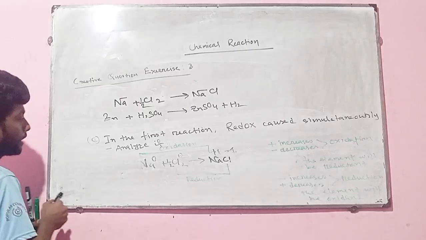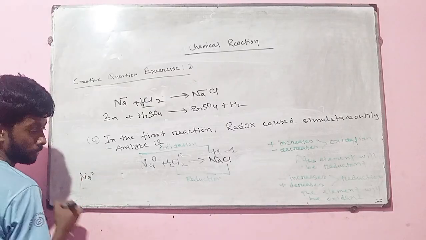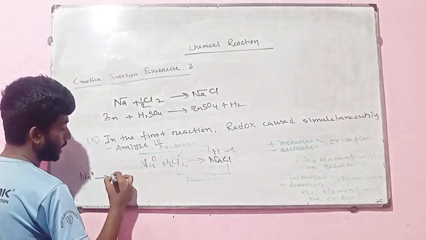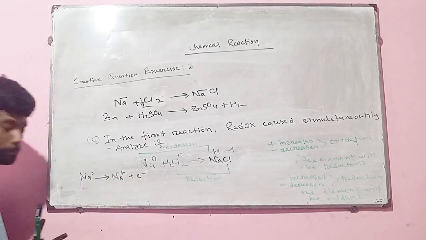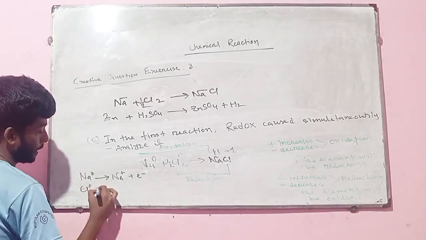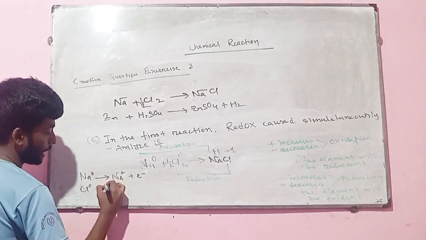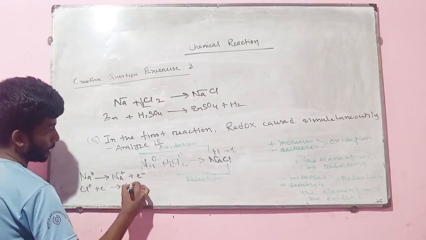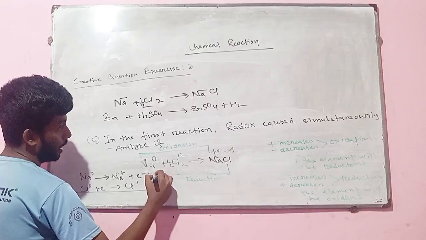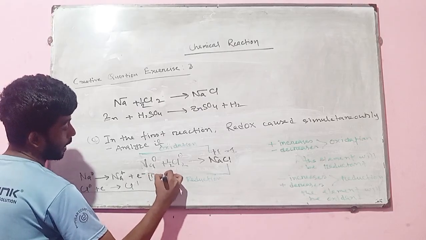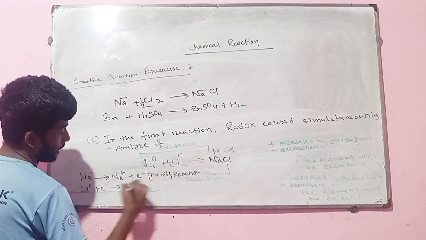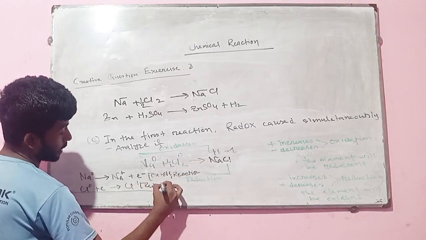Okay, let me write. Sodium has 0, but after the reaction it emits 1 electron. Chlorine has 0. Chlorine received that electron, then chlorine turns into -1. It is the oxidation half reaction, you can write, and it is the reduction half reaction.